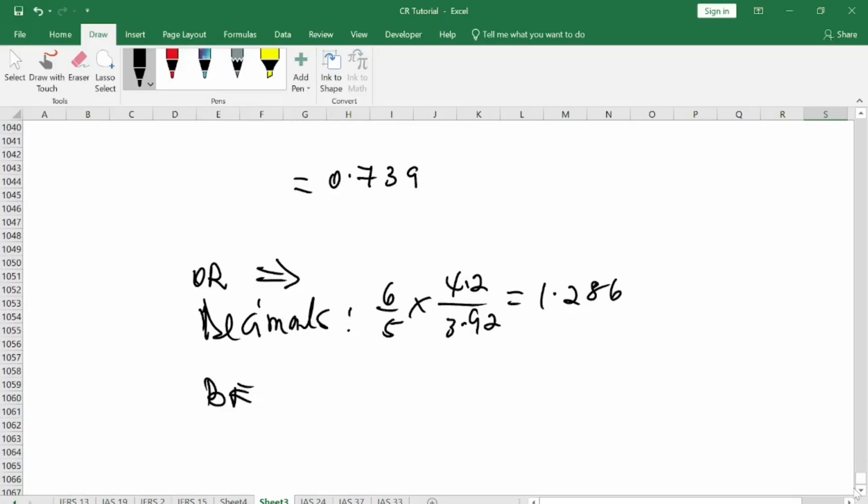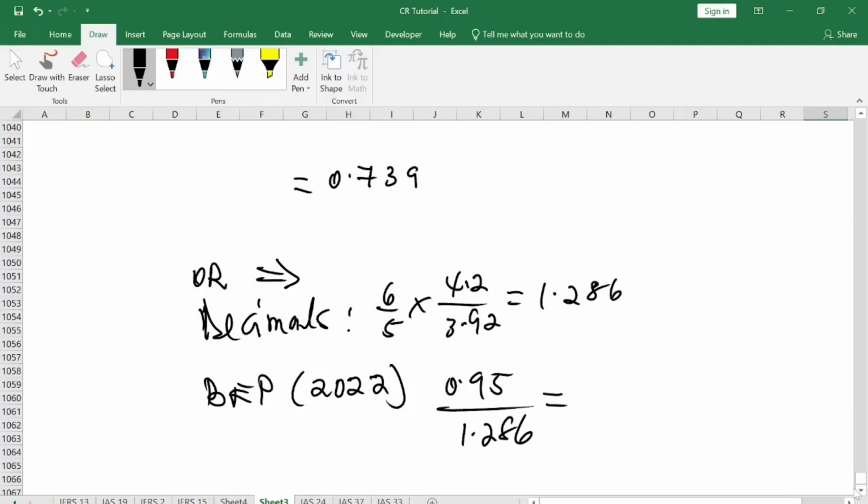Now we can restate it. So for 2022 you have 0.95 divided by 1.286. What is the outcome? It's 0.739. So you see, all of them will give you the same outcome.